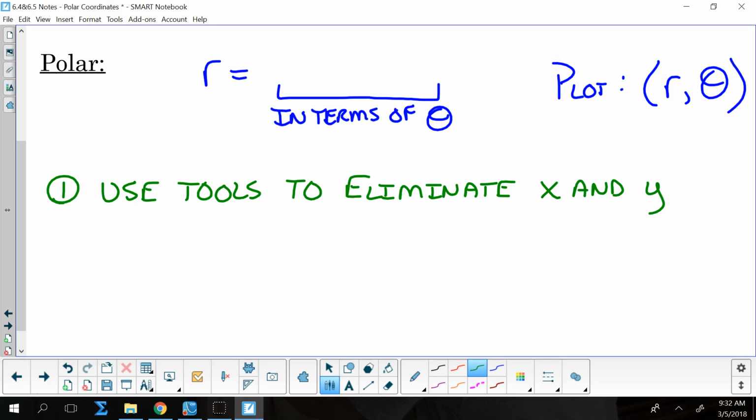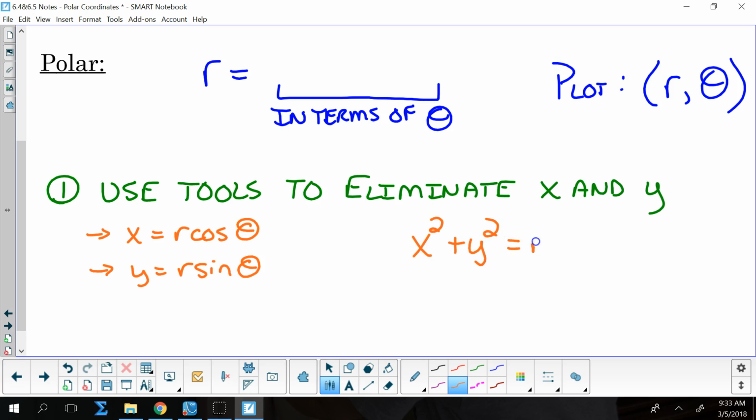So the main tools that you're going to use, 3 of them, are x equals r cosine of theta, y equals r sine of theta, and x squared plus y squared equals r squared.